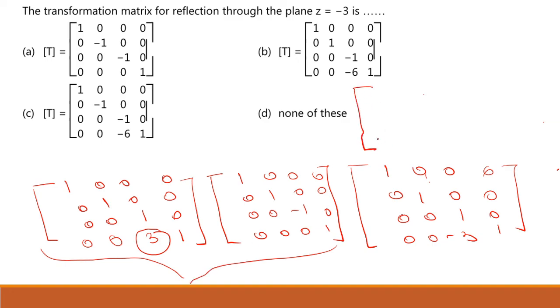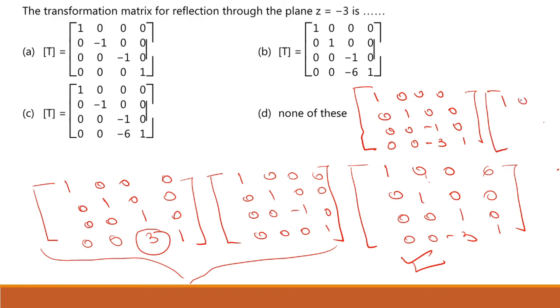That will be equal to 1, 0, 0, then 0, 1, 0, 0, 0, 0, -1, 0, at last 0, 0, then -3, 1. And this third matrix as it is here, that is 1, 0, 0, 0, then 0, 1, 0, 0, then 0, 0, 1, 0, 0, 0, -3, 1.